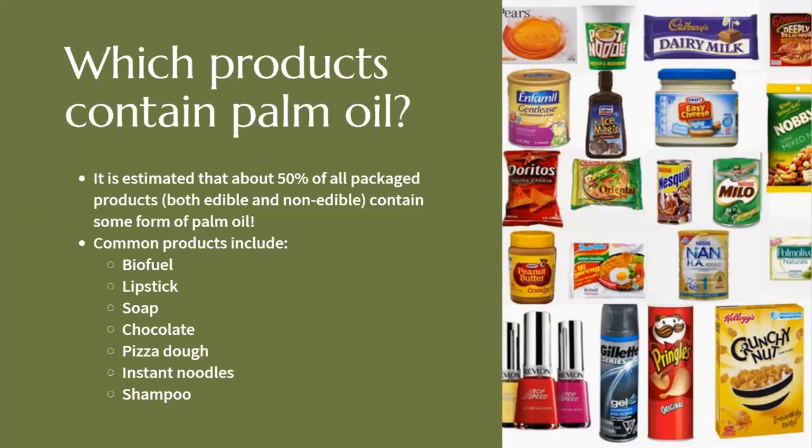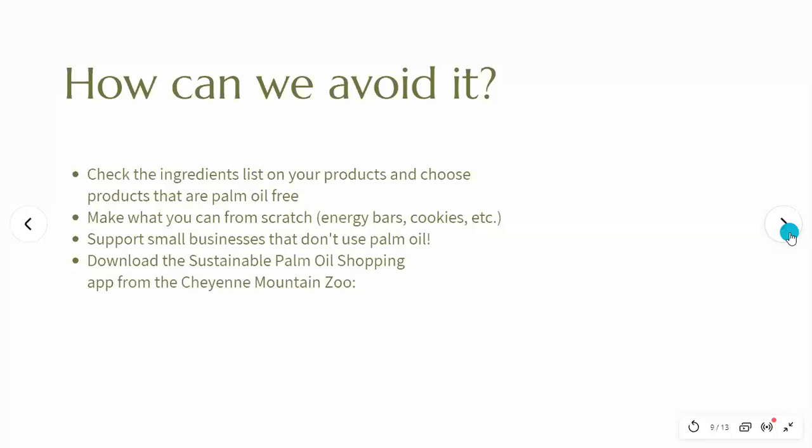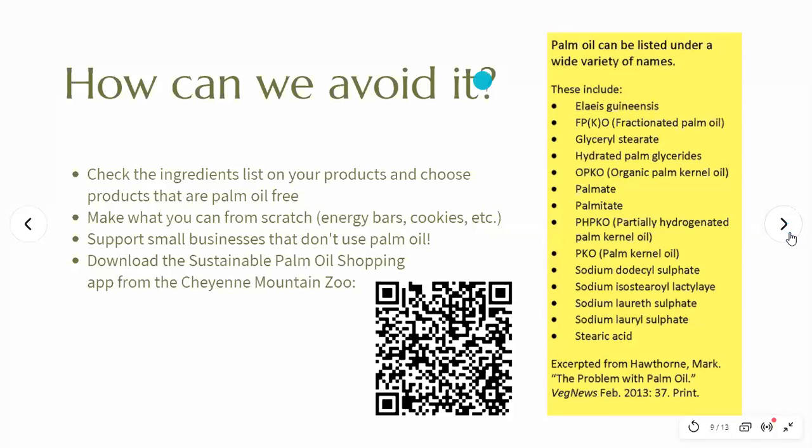So there's a ton of products. It's in a lot of chocolates, a lot of our candy. It's in Oreos, unfortunately. It's in noodles, soap, and bread products. You can see them all here, but if you look it up, there's a lot of them. Francis is going to tell you how you can find them.